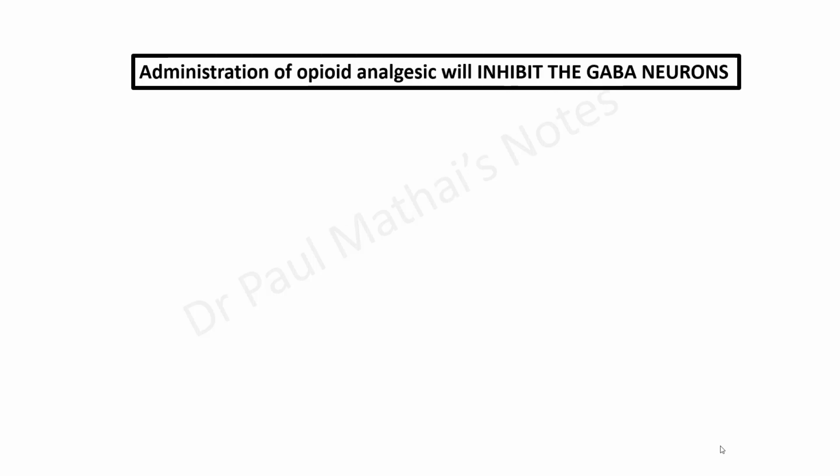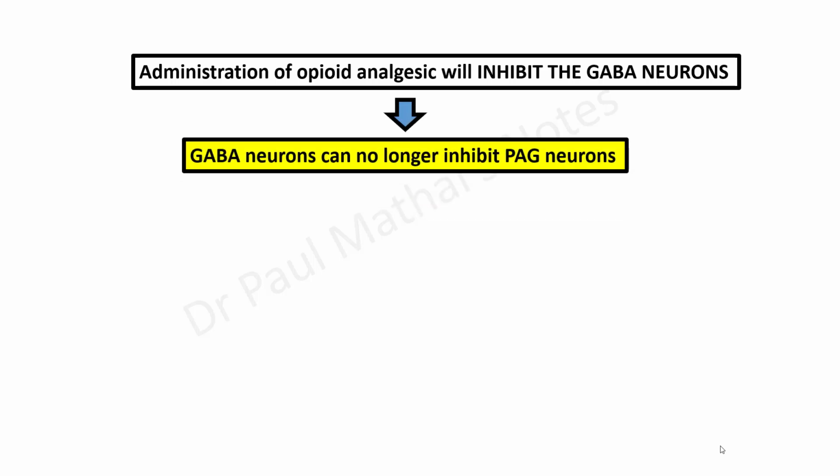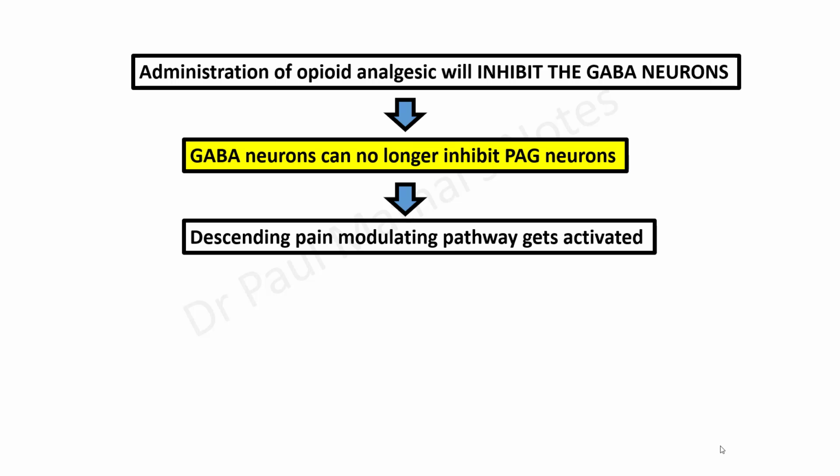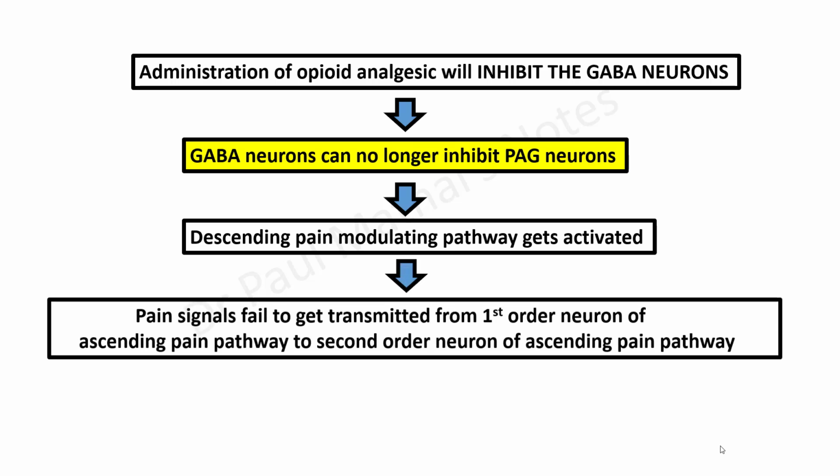So when we administer an opioid analgesic, it will inhibit the GABA neurons, which means that the GABA neurons can no longer inhibit the neurons of the periaqueductal gray. The descending pain modulating pathway will get activated, and this ultimately results in the failure of pain signals to get transmitted from the first order neuron of the ascending pain pathway to the second order neuron of the ascending pain pathway, resulting in powerful analgesia.